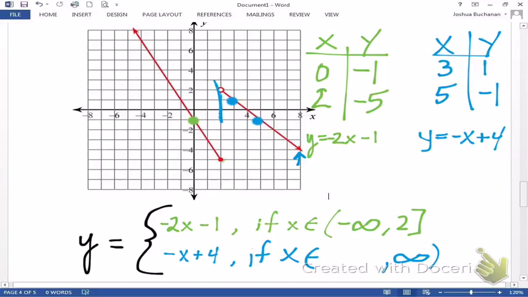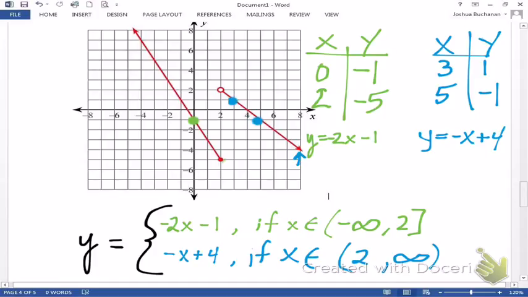And then the x value here is 2, but it's not a closed circle, so there's a parentheses. So these are the two function rules for this graph, and this is the second problem of the two that we were going to do.